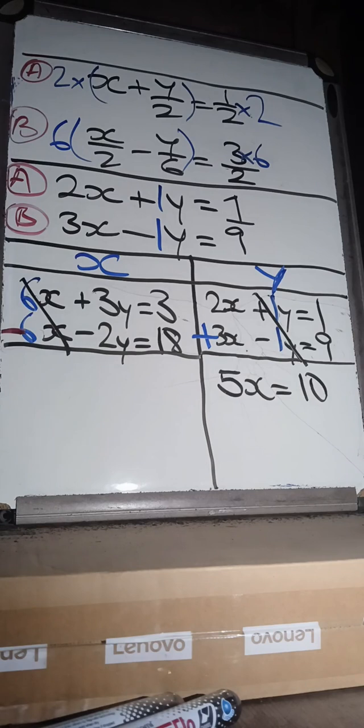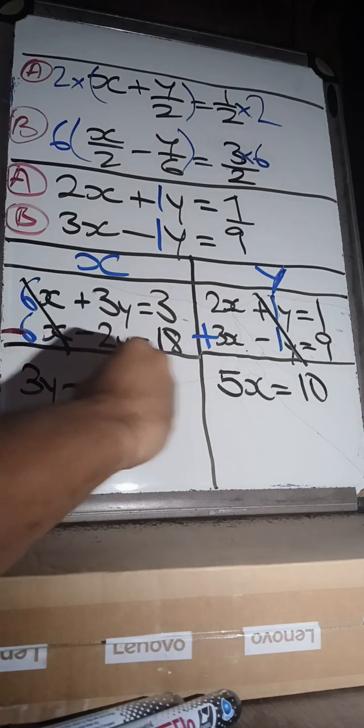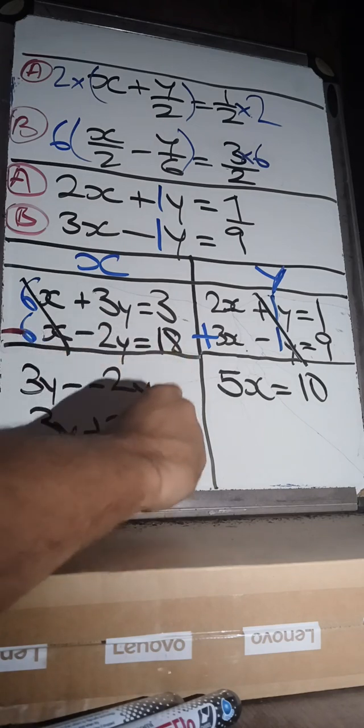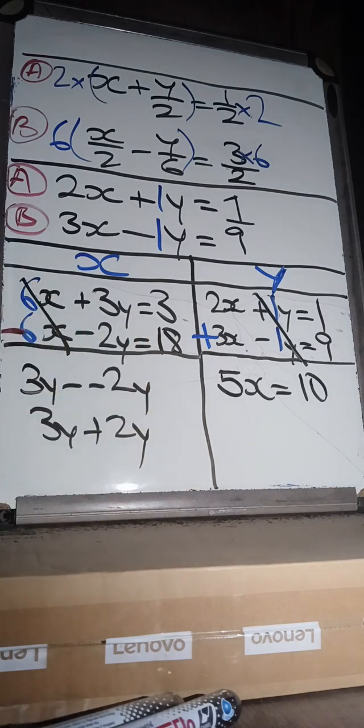There we go. Alright? Now 3y minus 2y is 3. So let me just actually put it down. So when we have this, it actually becomes this. It's as if you have minus 1 multiplying by minus 2y. Right?